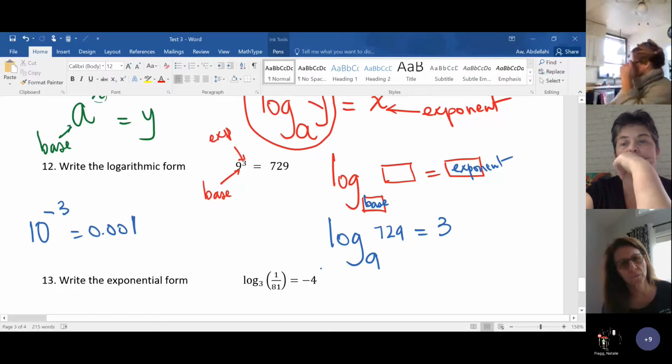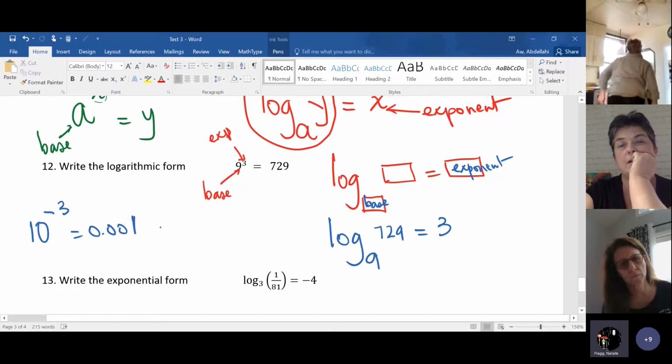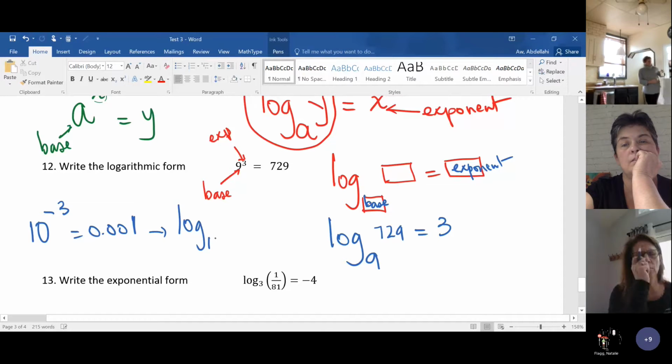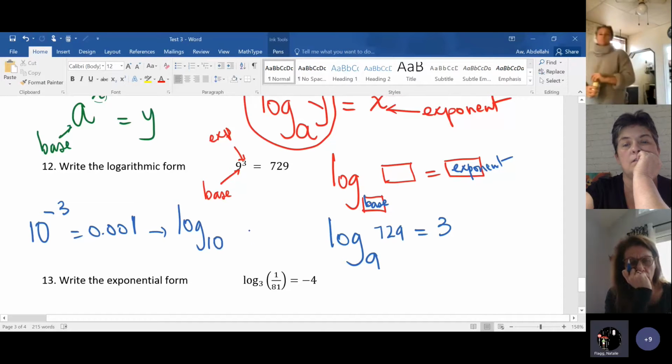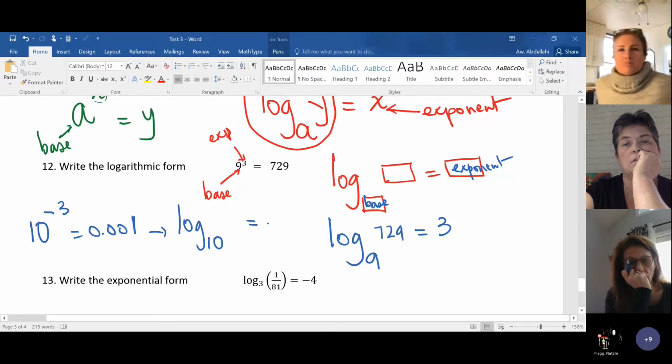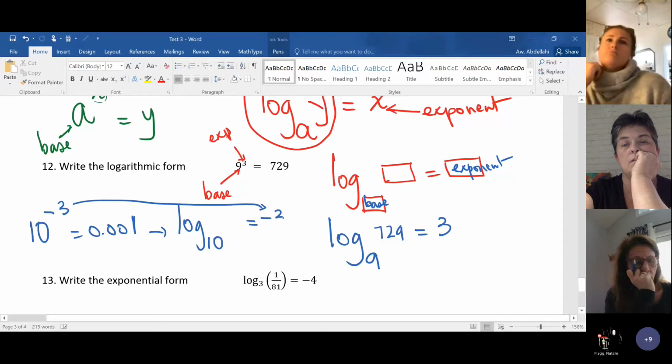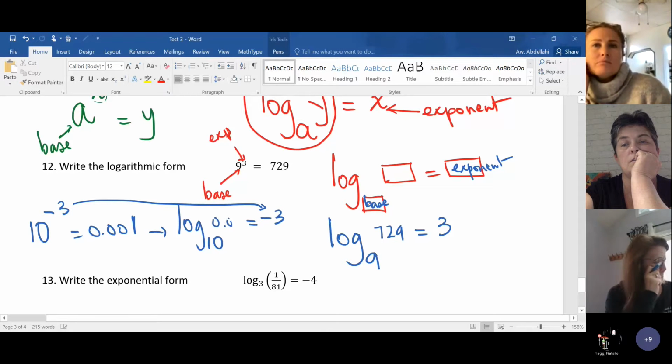Go ahead, Natalie. Log base 10 of 0.001 equals negative 3. The exponent is always by itself on this side, always.